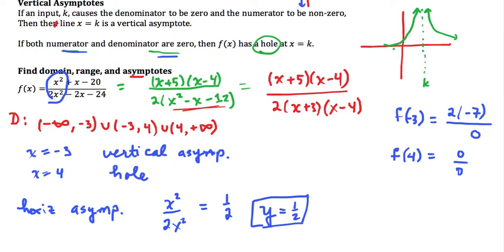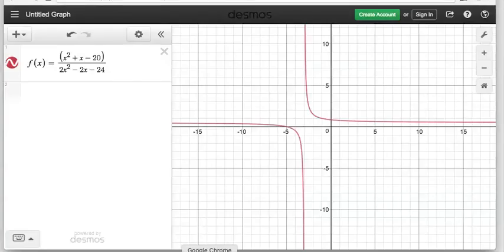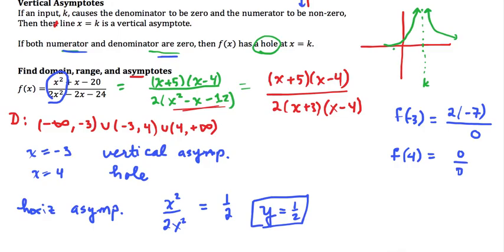All right, now let me just put this all together by showing you an actual graph of what this thing looks like. So here I have the function. It's been graphed, right? X squared plus x minus 20. You see here, let's look at the domain again. We said from before that the domain could be anything except -3 and +4.